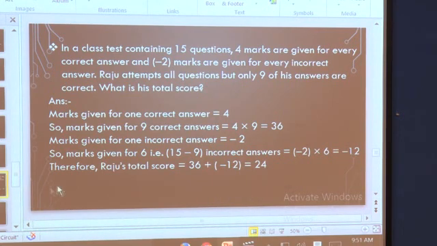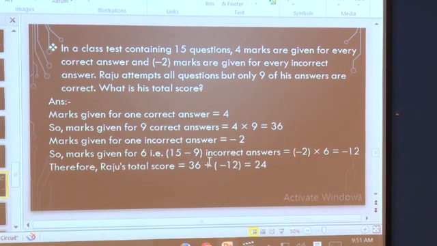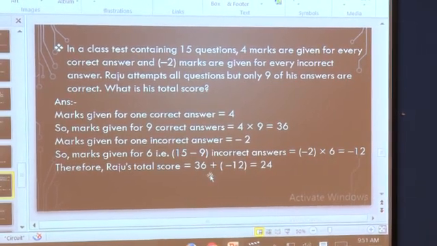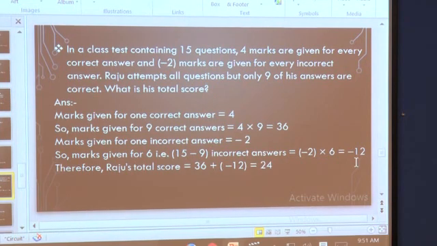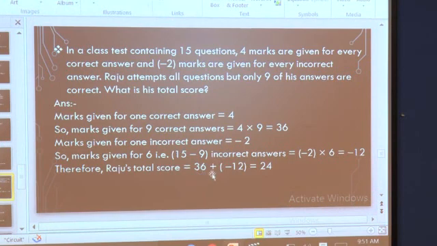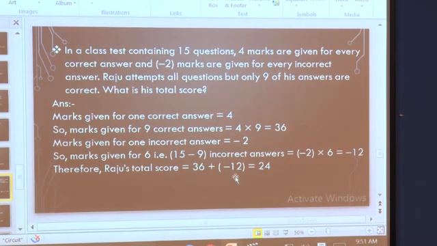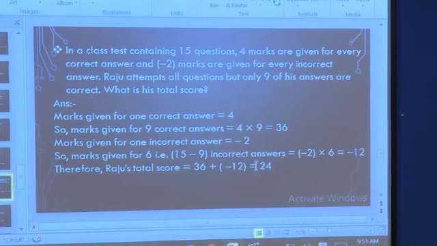So what will be the total? Raju's score, the word total, so we write an addition here. 36 plus minus 12. Plus into minus is minus, so 36 minus 12 is 24. So what is the score of Raju? It is 24 marks. Even by attempting all questions, he got only 24 marks because he had incorrect answers.